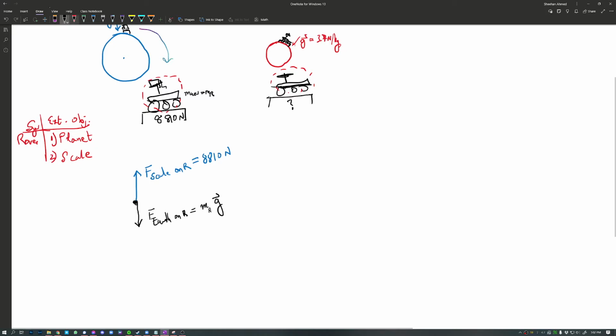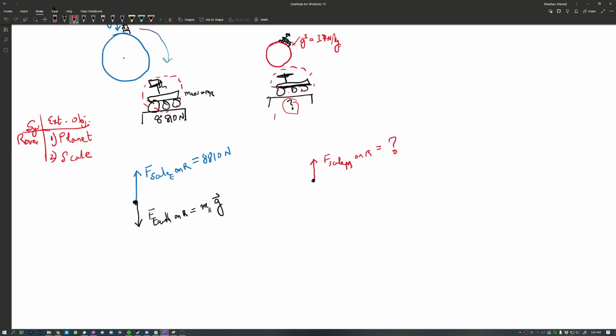Let's draw the same diagram whilst on Mars. The scale exerts a force upward. This one is the scale on Earth; the force that the scale on Mars exerts on the rover is question mark. That's exactly what we're trying to find.